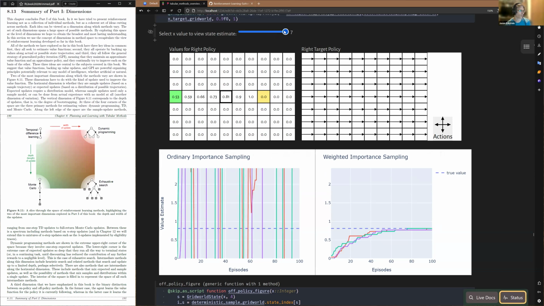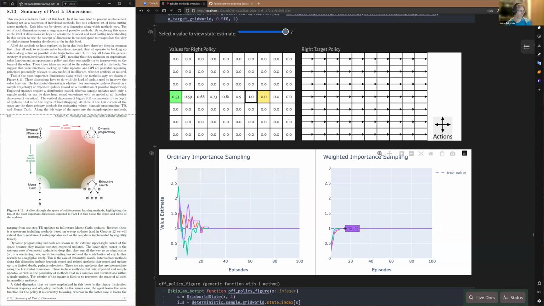The closer you are to the goal, the faster it converges, because the trajectories are shorter. The longer the trajectories to the goal, the more difference there is between the behavior policy and the target policy.